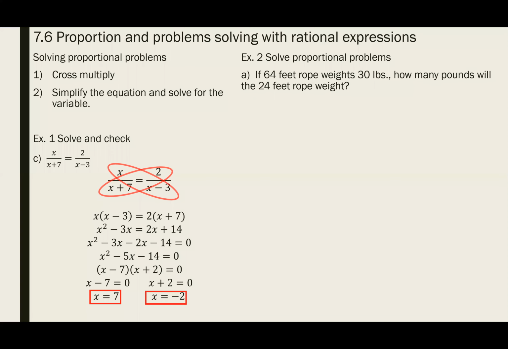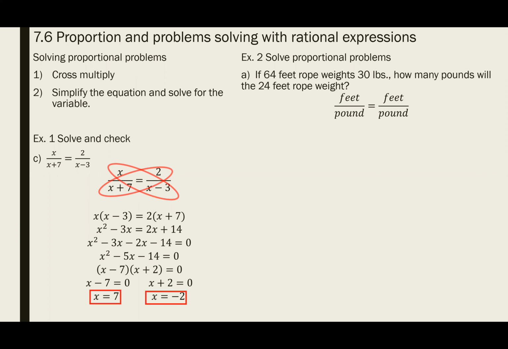There are 2 ways to do this, but the easiest way, the way I like, is to put feet over pounds because that's what they give me. If I put feet over pounds on one side, I have to put feet over pounds on the other side.